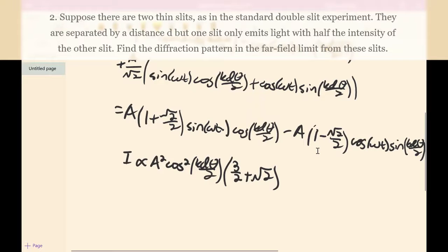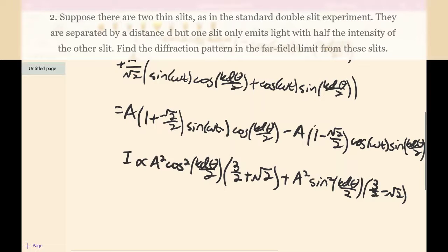And then plus A squared times sine squared, it's just the term with the k d theta over 2, times 3 over 2 minus root 2.